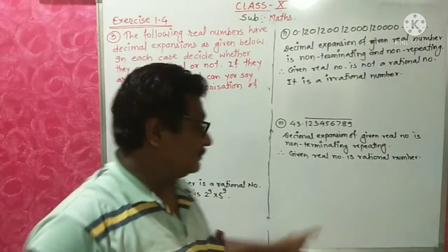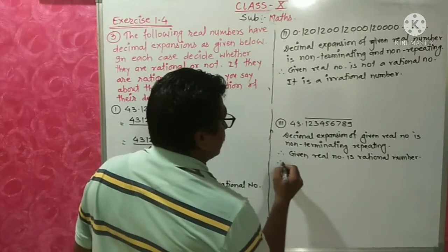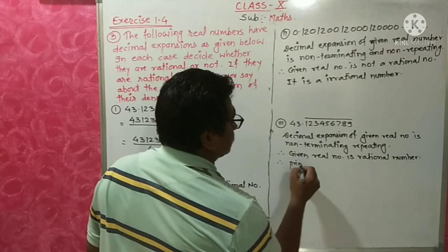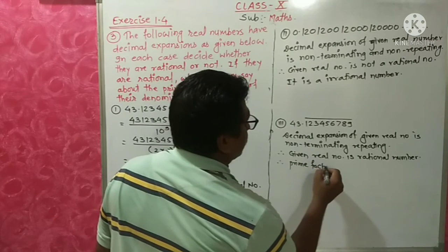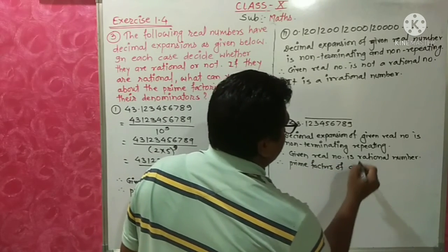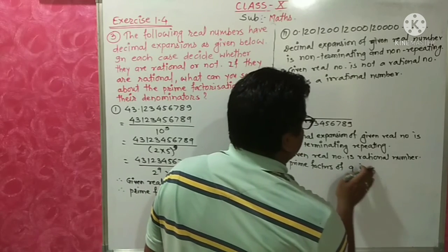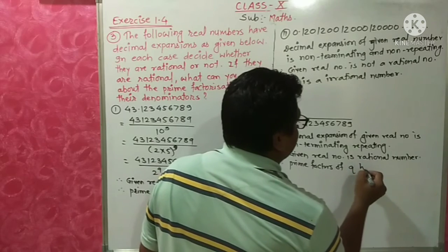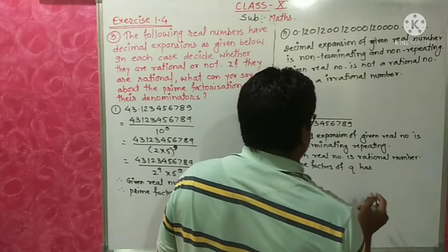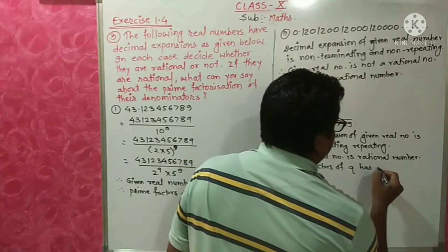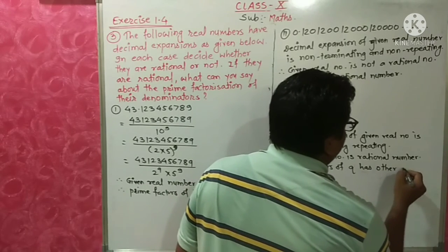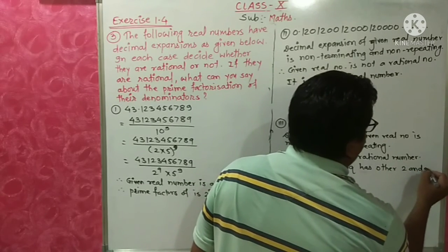So what can we say? The prime factors of the denominator include other than 2 and 5.